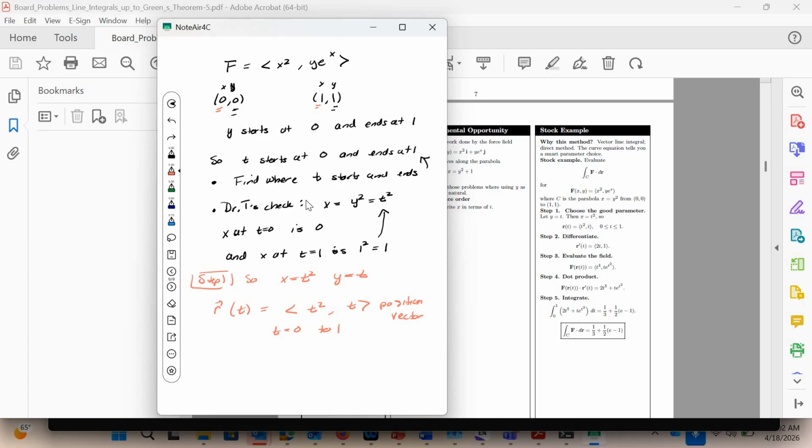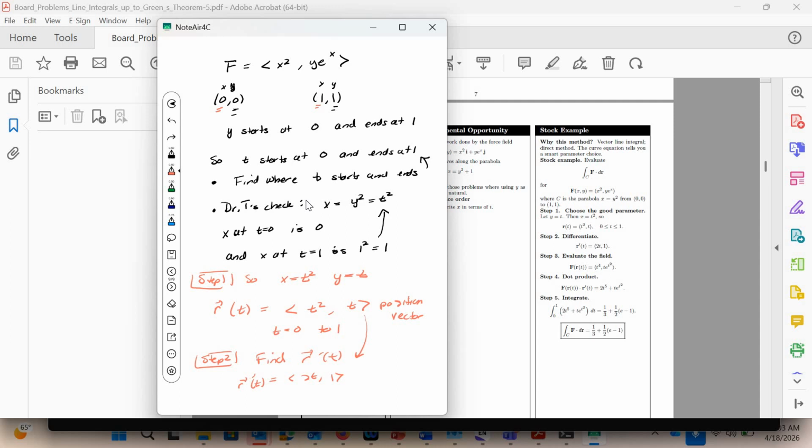And the next step is to dot product the f with the r prime. So that's just t to the 4th, t e to the t squared, dot r prime, which we have on the sheet, 2t and 1. We calculated it earlier.